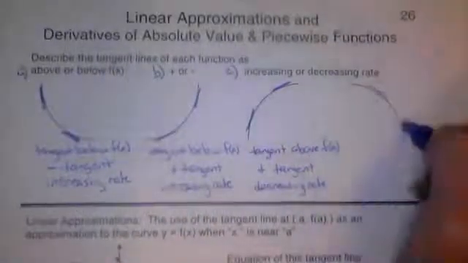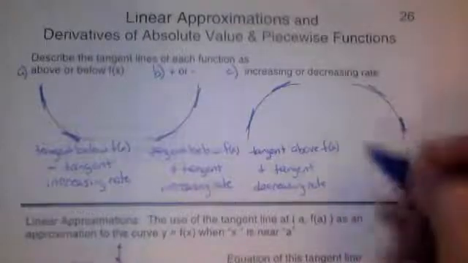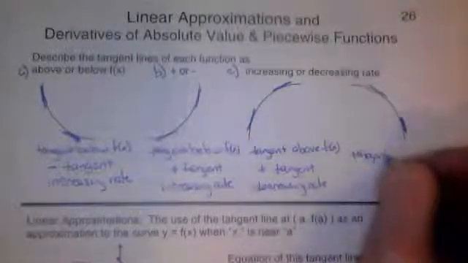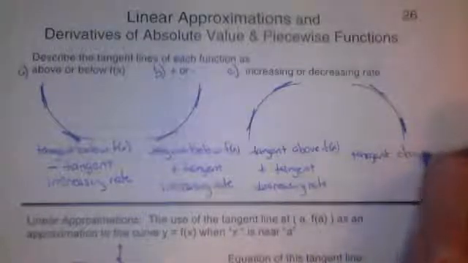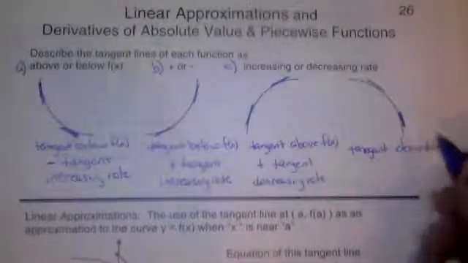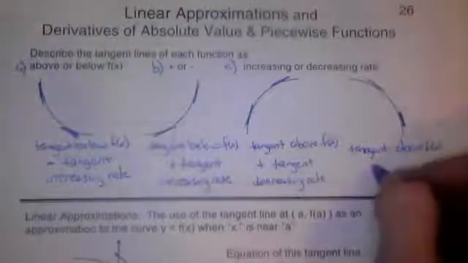And in our last picture over here, our tangent lines are still above. All right. These are going to have some negative slopes, so negative tangents.